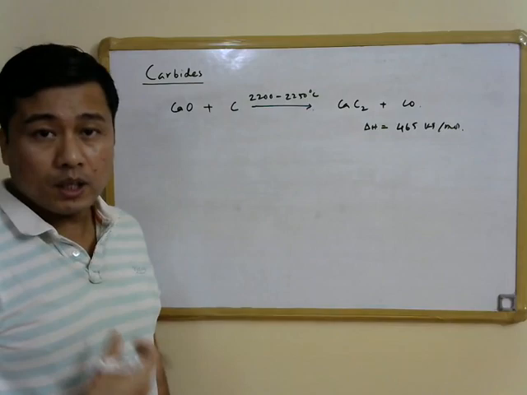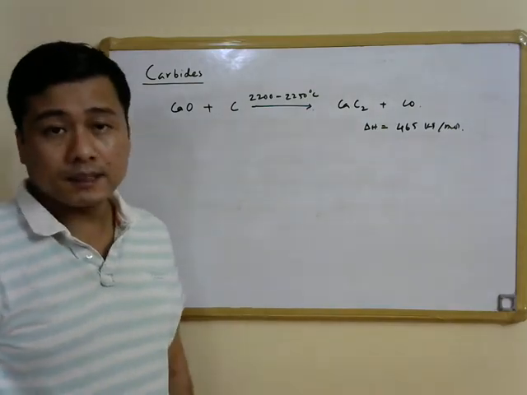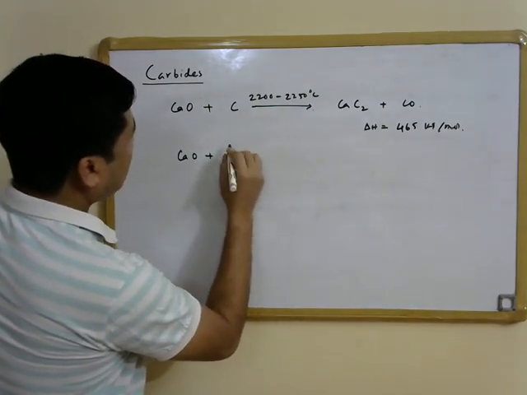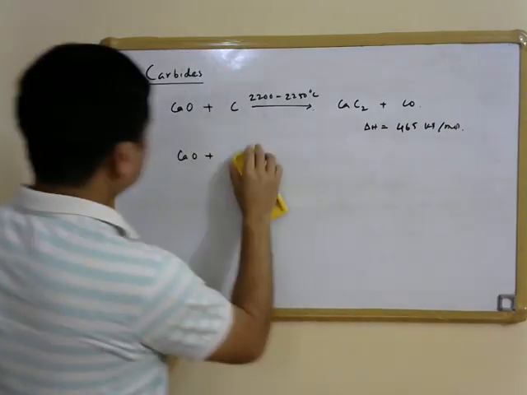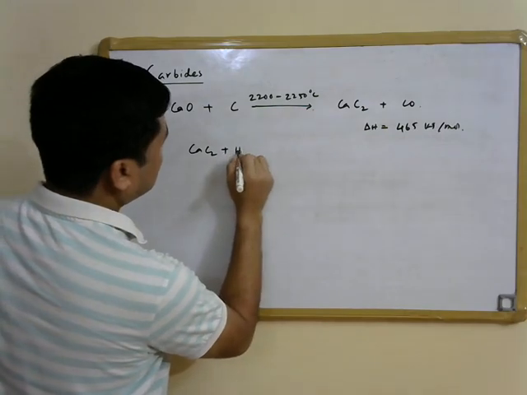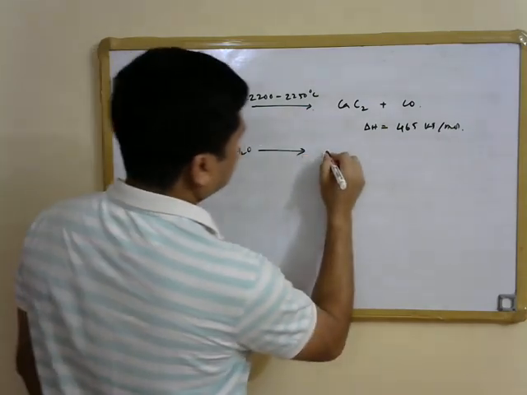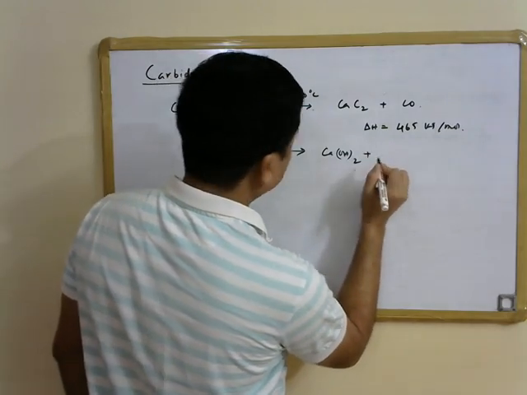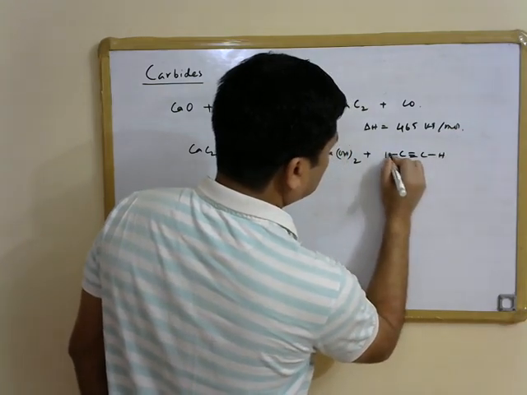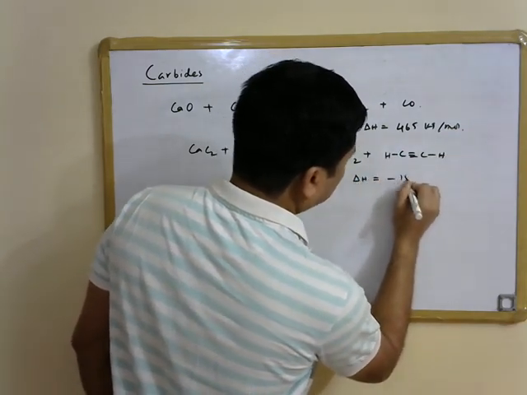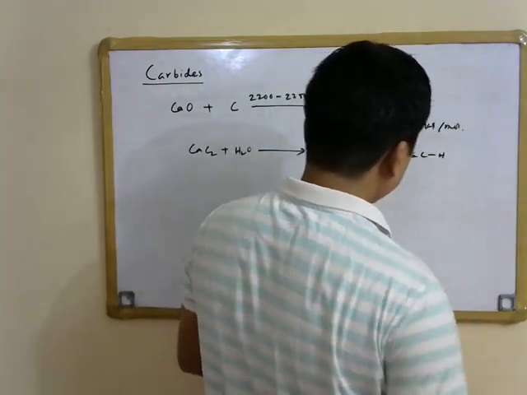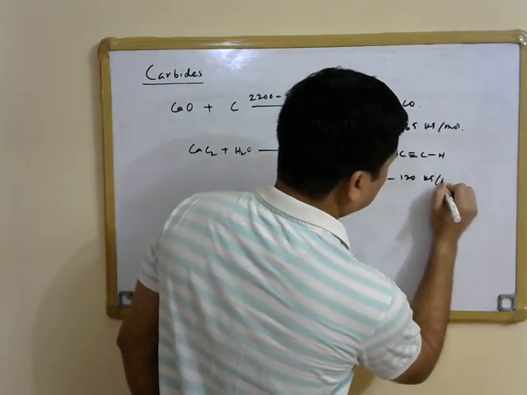But then the hydrolysis of calcium carbide, as we have already seen, is exothermic in nature, and the enthalpy of this reaction is minus 120 kilojoule per mole.